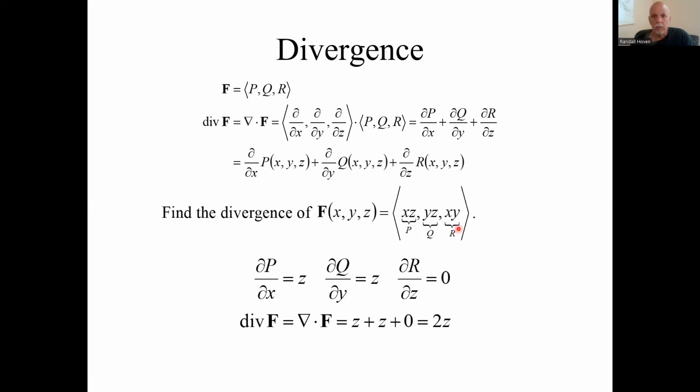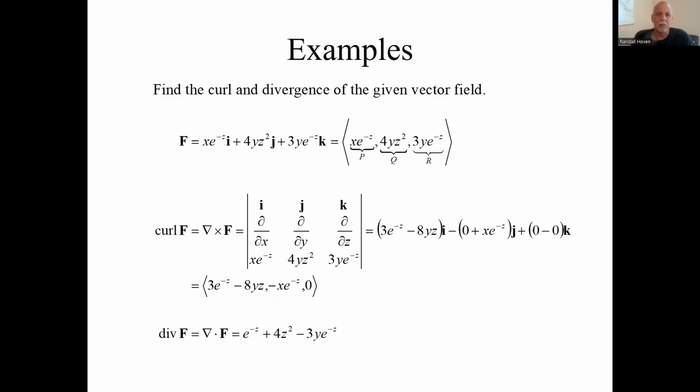Here's a simple example. Here's our vector field, xz, yz, xy. This guy with respect to x will be z. This guy with respect to y will be z. This guy with respect to z will be 0. Add them up, z plus z plus 0 equals 2z. That's the divergence. Divergence is pretty easy to take compared to a curl.